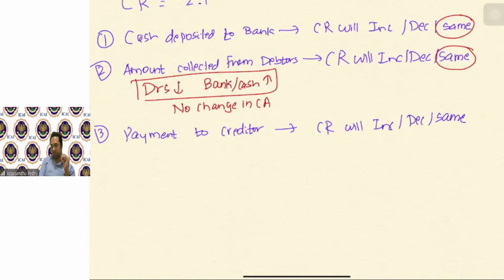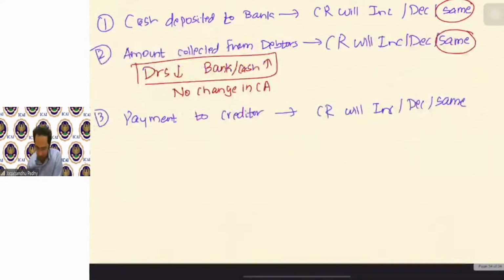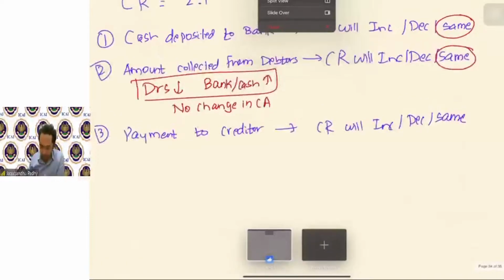Tell me guys, what's going to happen if you make payment to the creditor? What will be the situation for the current ratio? Same, decrease. Okay, let's have a look at it with the help of numbers.